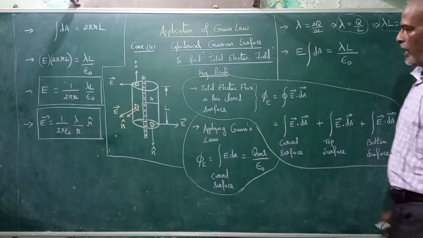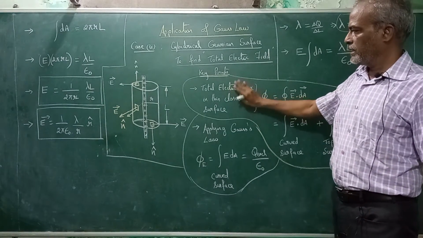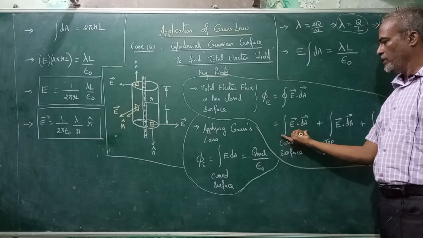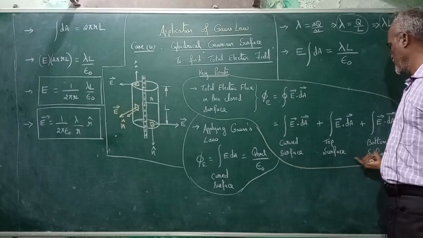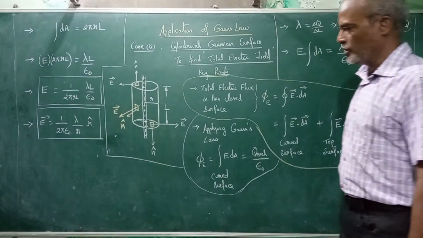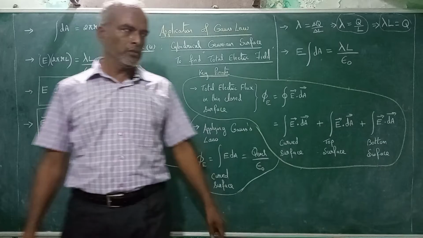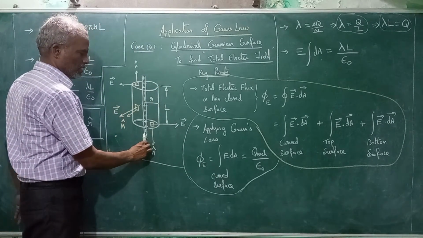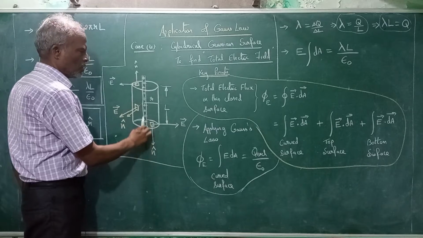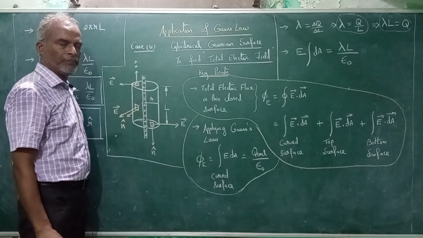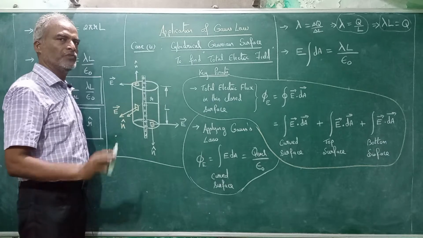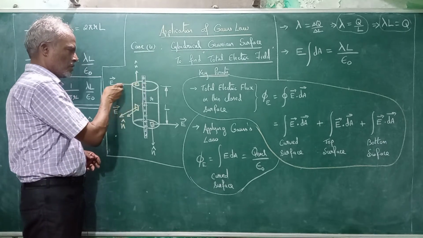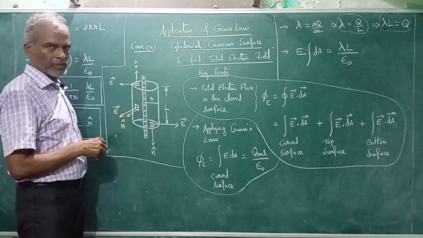Now after understanding this equation, we have to separately find out the values for curved surface, top surface, and bottom surface. So if you carefully look, the top surface, the positive charge is all along the wire, thin wire with uniform density. So the electric field will come out of the wire perpendicularly.